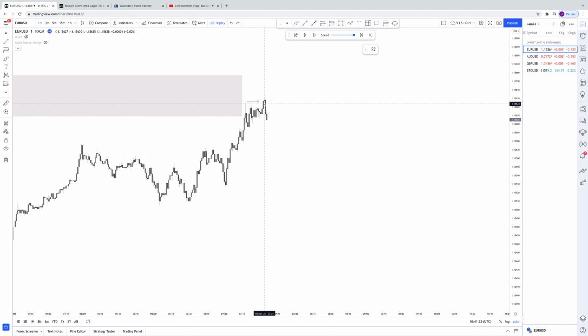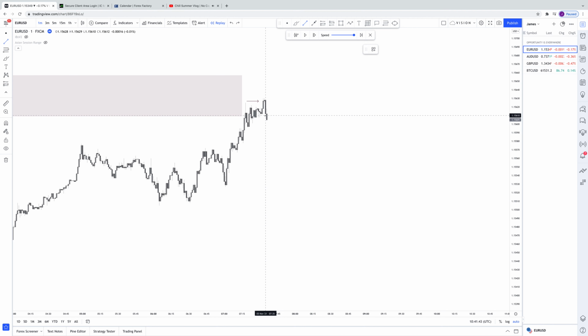The reason this is a change of character is because it's taking liquidity from these lows, and it could go higher, or it could come into an area like here and go higher, but you can still trade this.